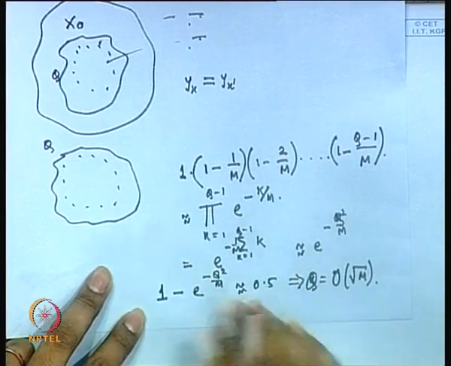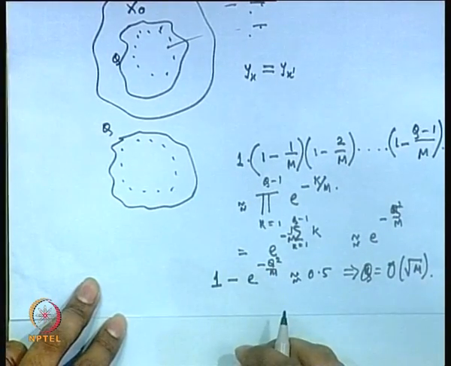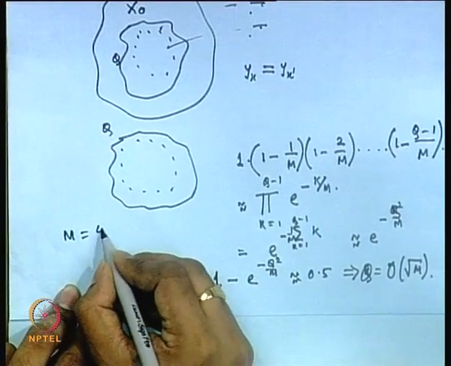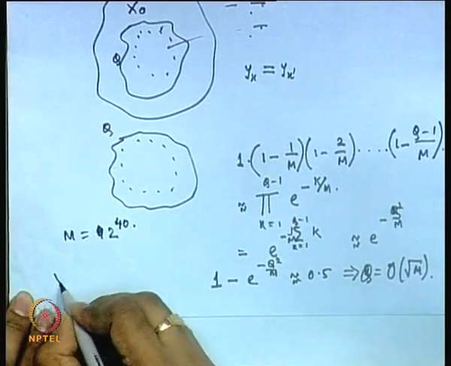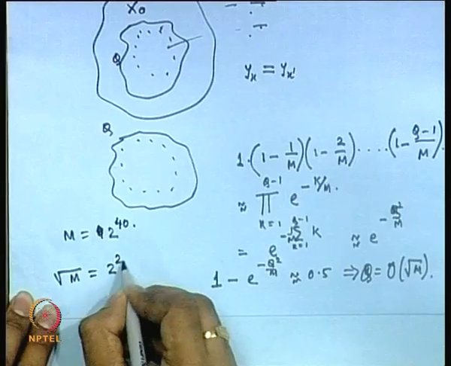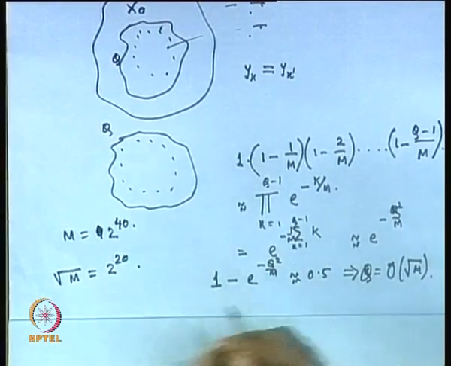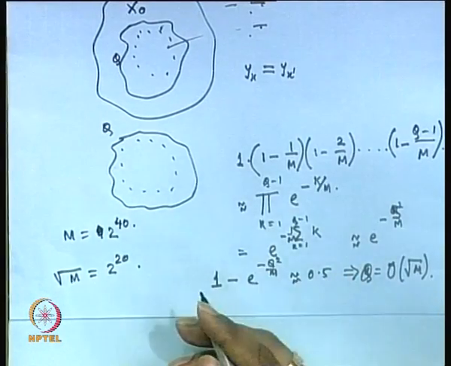Now, what value of m would you like? For example, if m was a 40-bit number, then m would be 2 power of 40. So what is the square root of m? It is 2 power of 20. If you do 2 power of 20 searches, which you can really do using today's technology, it will not help you, right?